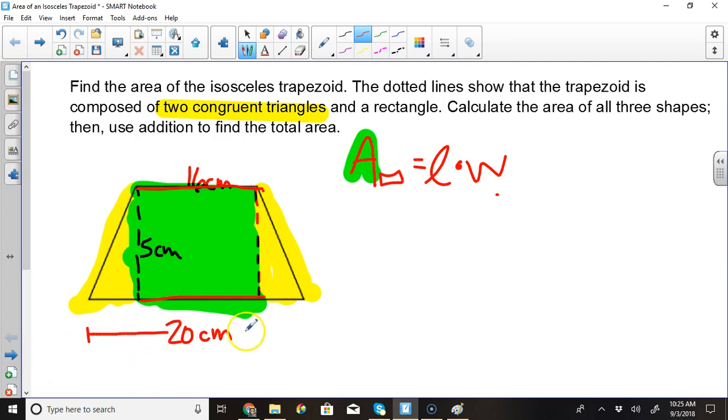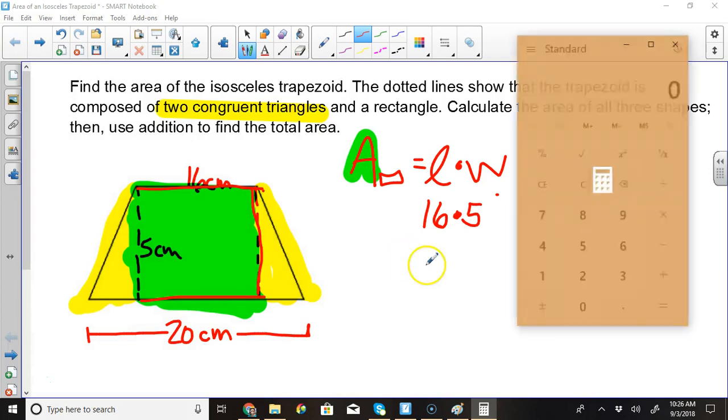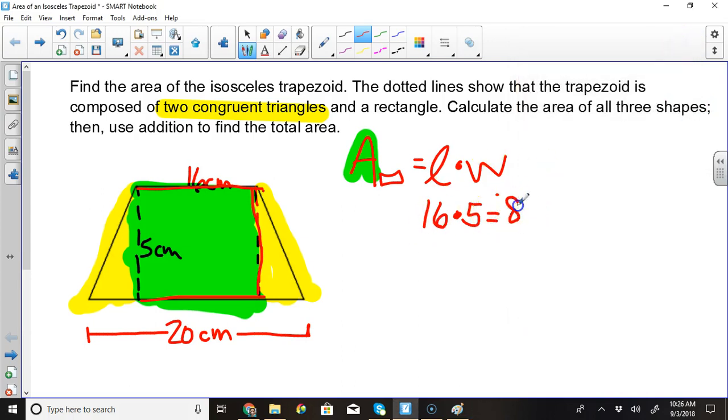This 20 represents the bottom length of the trapezoid, but 16 represents the length of the rectangle. So 16 times its width, which is 5. So 16 times 5 is 80. Alright, so what we have here is 80, and the units were centimeters, and because this was an area, 80 centimeters squared. Alright, so that's the area of the rectangle.